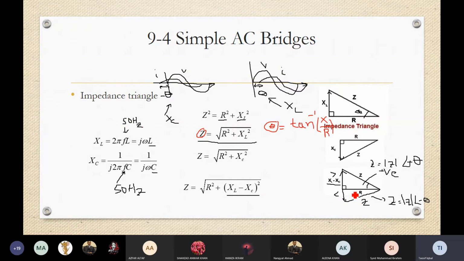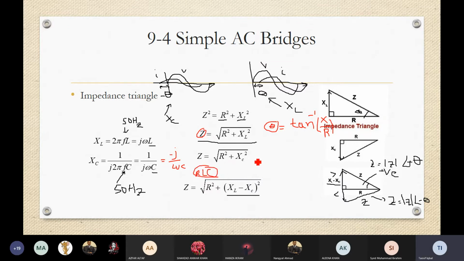So now in case of inductive reactance and capacitive reactance, we will have resultantly, because Xc is coming with the minus j, we can write it like minus j over omega C, and then we can add it with the inductive reactance, and therefore the sum of both reactances squared with the real resistance squared, under the square root, is going to be the total impedance if we have RLC type of impedance together.